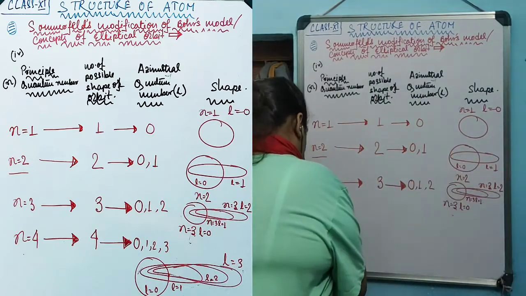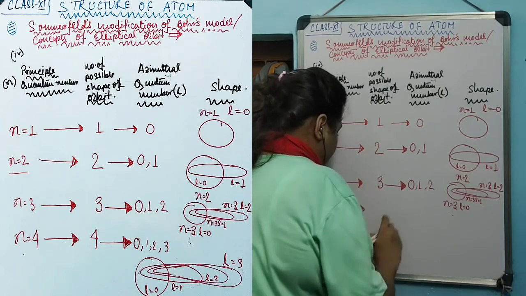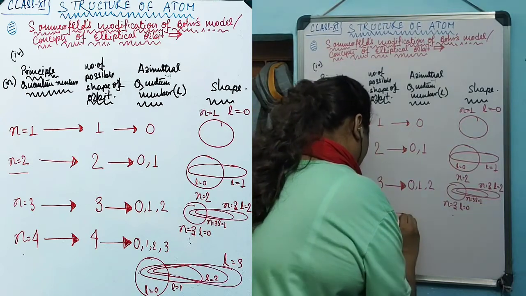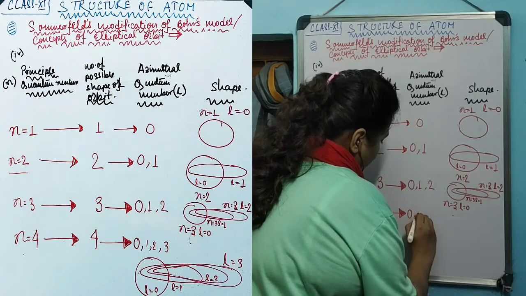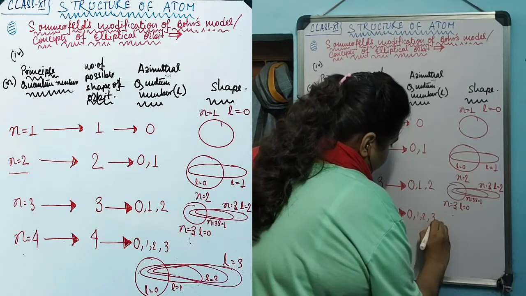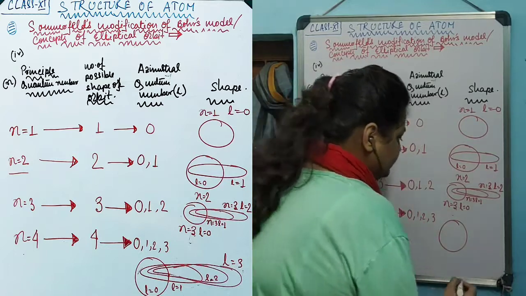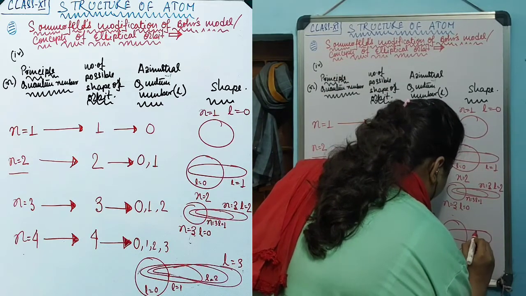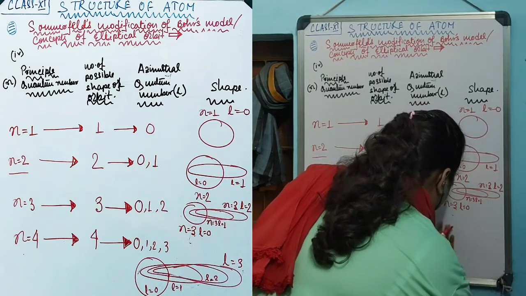In the fourth energy level, if n equals 4, as the principal quantum number is 4, the permitted shapes of the orbit are also 4. And the azimuthal quantum numbers for these are given as 0, 1, 2, 3. That is, one will be a circular path that it can revolve in, an elliptical path that it can revolve in, and a more diffused elliptical path in which it can revolve.